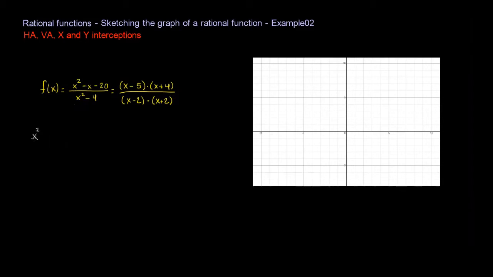We cancel out, and this is equal to 1. So in other words, y equal to 1 will be my horizontal asymptote.